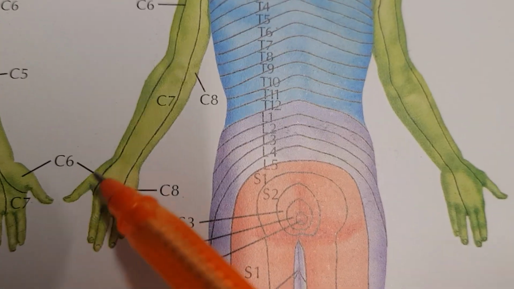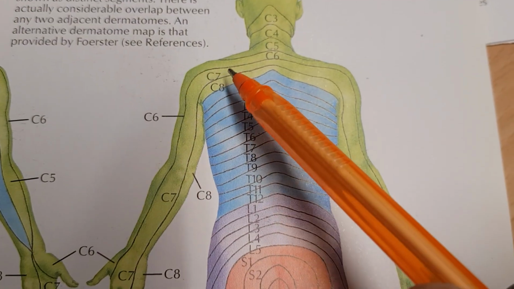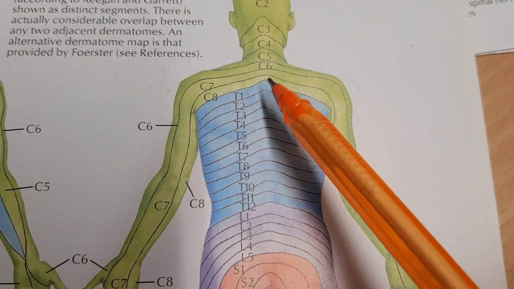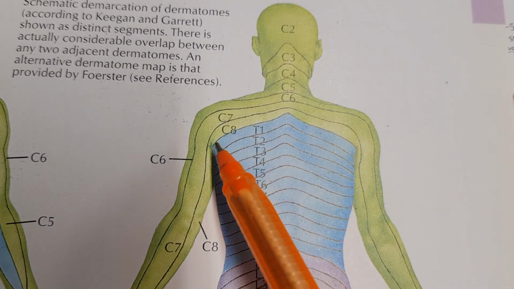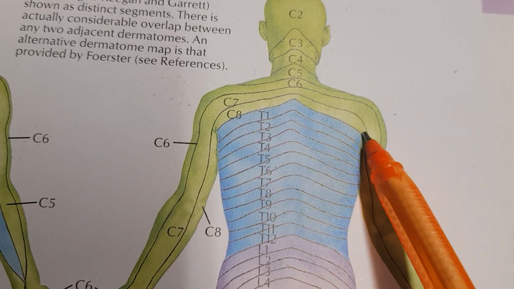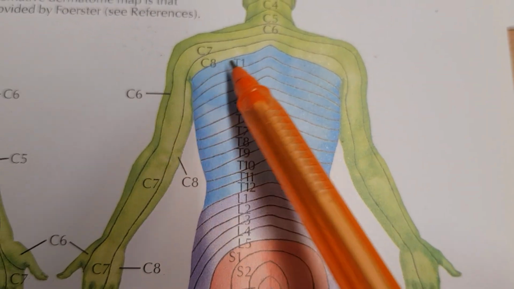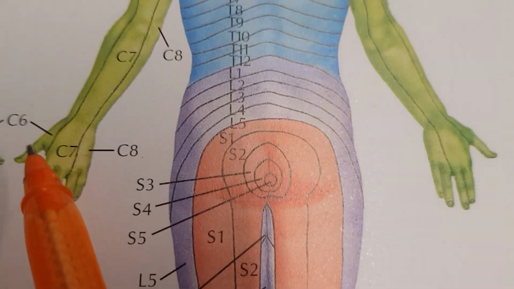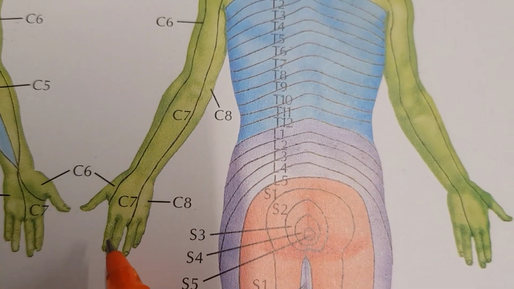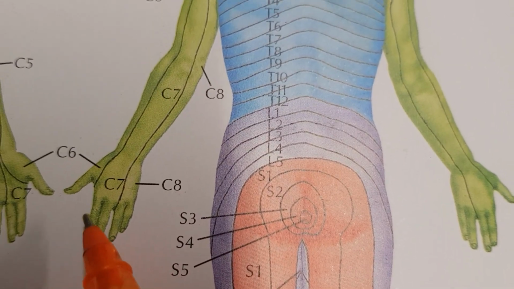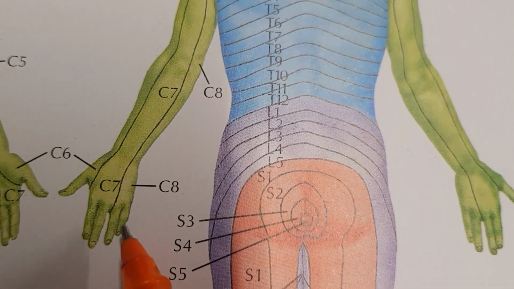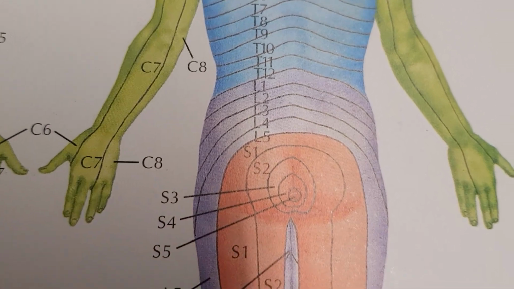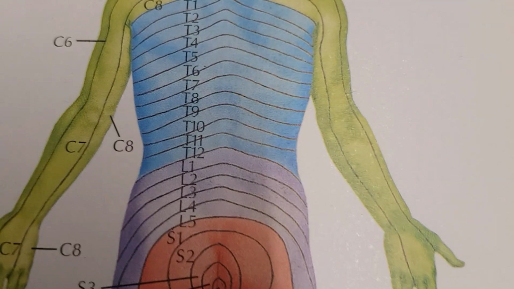Then you can continue along the arm like that up until you come to the area of the armpit. Then that's where you test C6, 7, and 8. But to get it right, test the thumb for C6 and test fingers 2 and 3 for C7 and fingers 4 and 5 for C8. That is posteriorly.